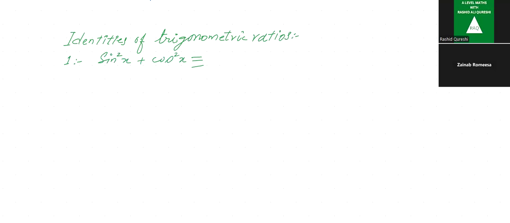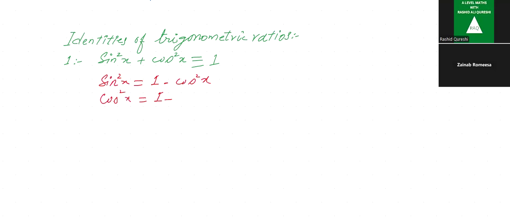Further from here, we have two results. If I want to find sine square of x, that will be equal to 1 minus cos square of x. Or I have to write cos square of x in terms of sine: 1 minus sine square of x.